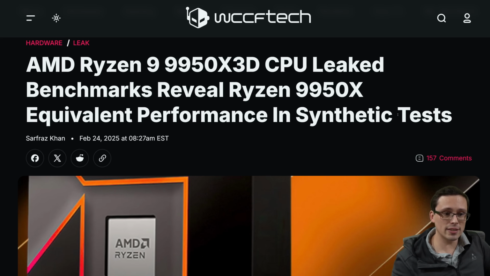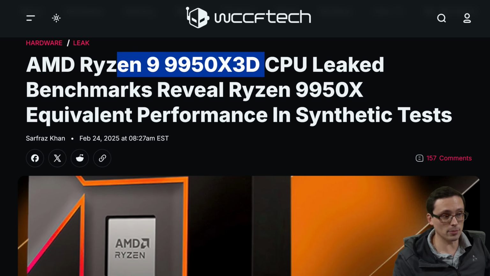If you're doing more synthetic CPU stress tests, it's generally not going to take advantage of the 3D V-cache, in which case it would be completely expected for the 9950X3D to match the performance of a 9950X. So, kind of interesting that we got a leaked benchmark, but it doesn't really tell us anything that we wouldn't have already expected just by the name of the product.